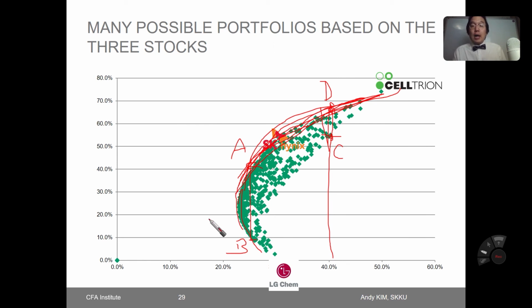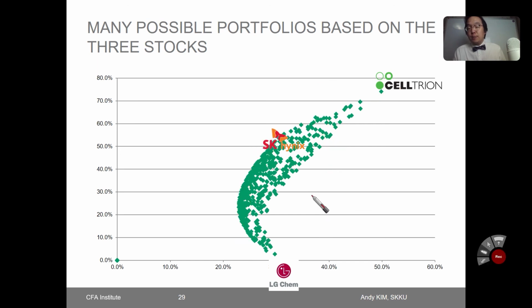What I also find in this experiment is that as we increase the stocks, for the case of holding only 2 stocks, Celltrion and LG Chem, I could construct a portfolio to a certain degree.